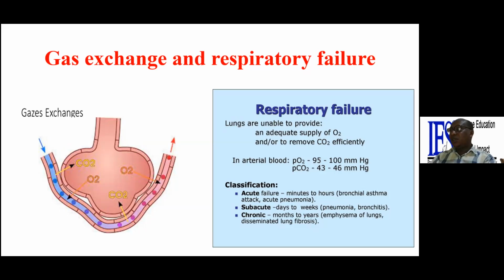So as I told, when your CO2 is high, we call it hypercarbic, and when your oxygen is low, we call it hypoxemia. Then in the next slide, we will see the disorders, especially depending on clinical presentation, even on the timing. Next, please.